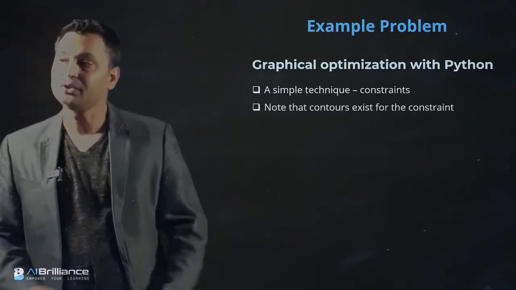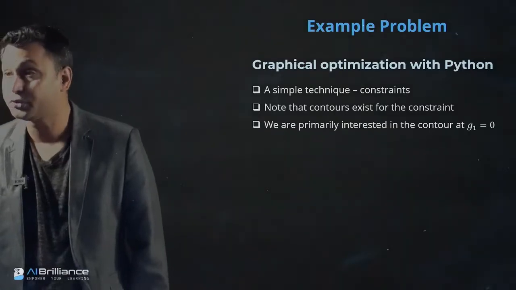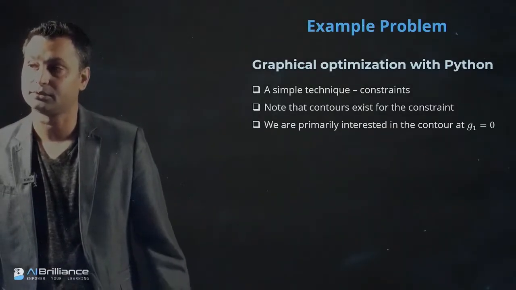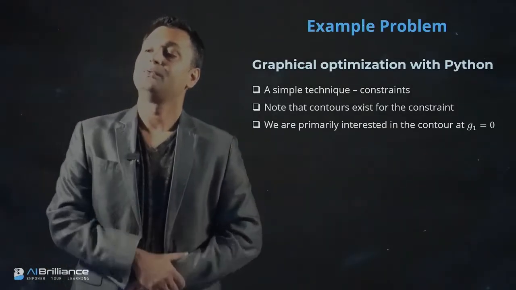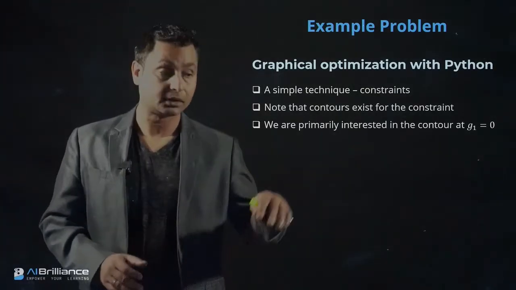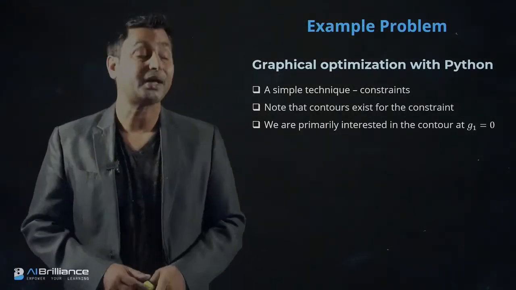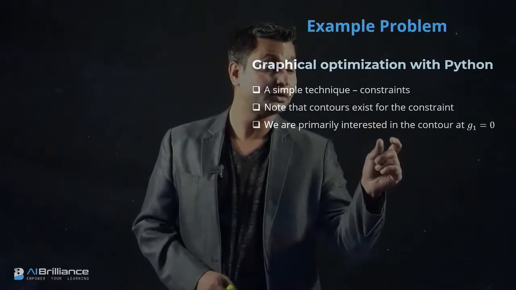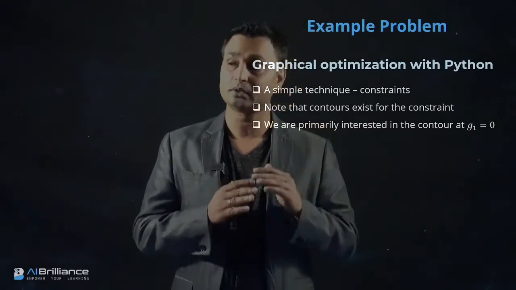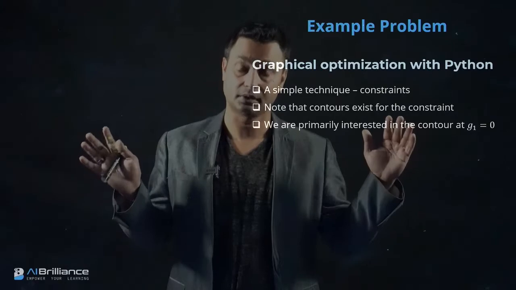I can also plot the contours for different values of the constraint. But remember, when we are plotting the constraint g1, we are primarily interested in the boundary where g1 is equal to 0. We are not interested in multiple values of the constraint.